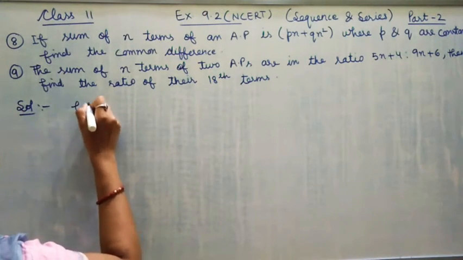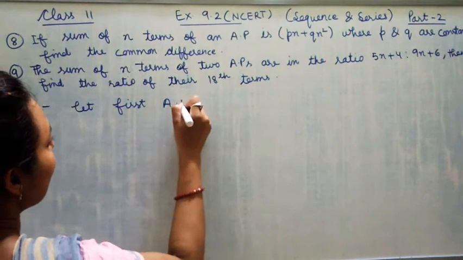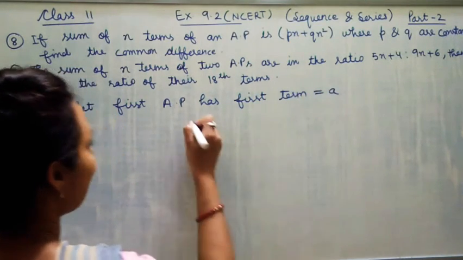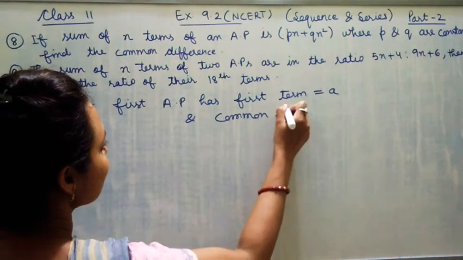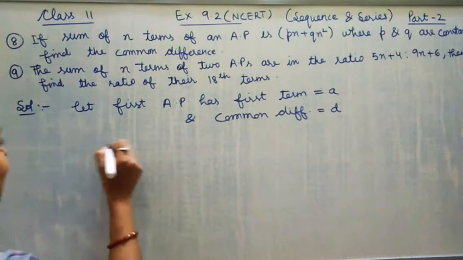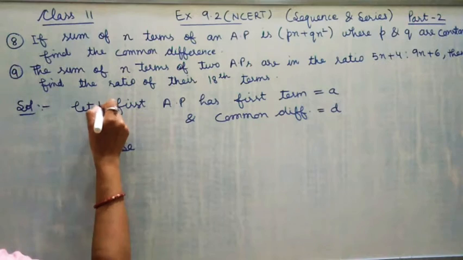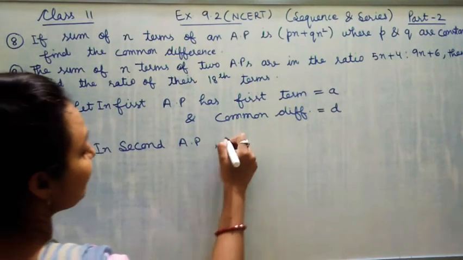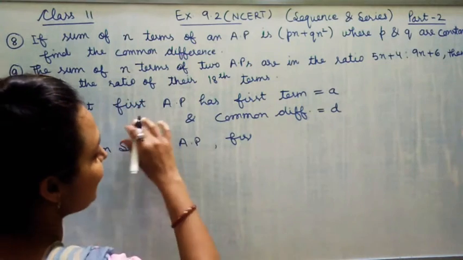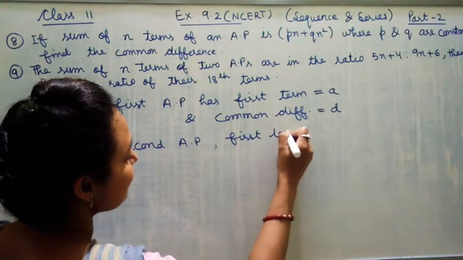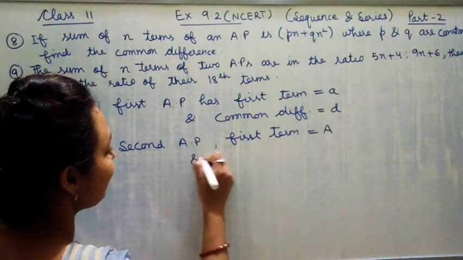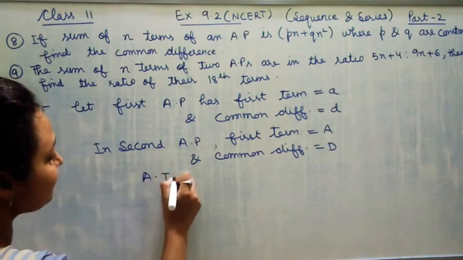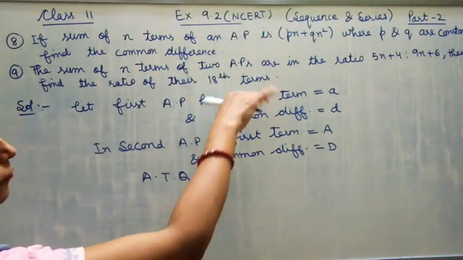According to the question, let the first AP have first term A and common difference D, and let the second AP have first term capital A and common difference capital D.